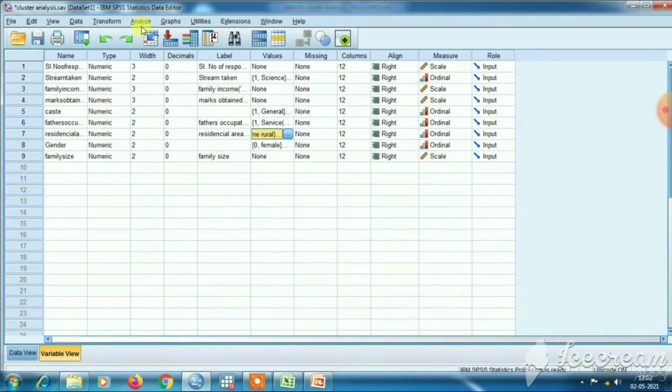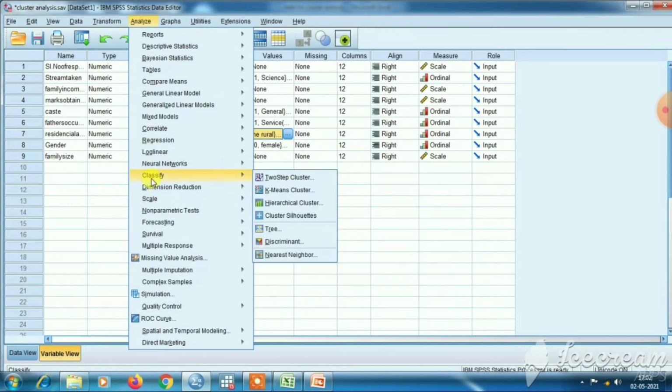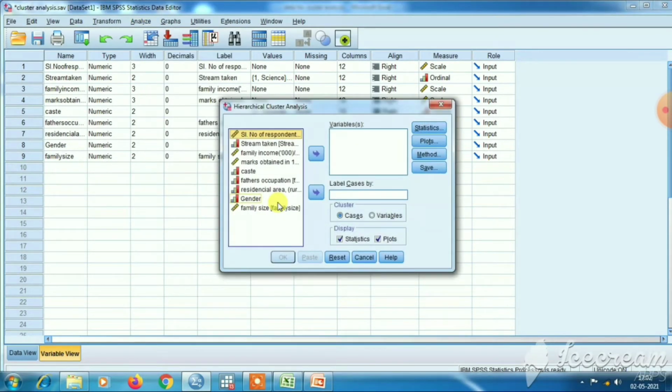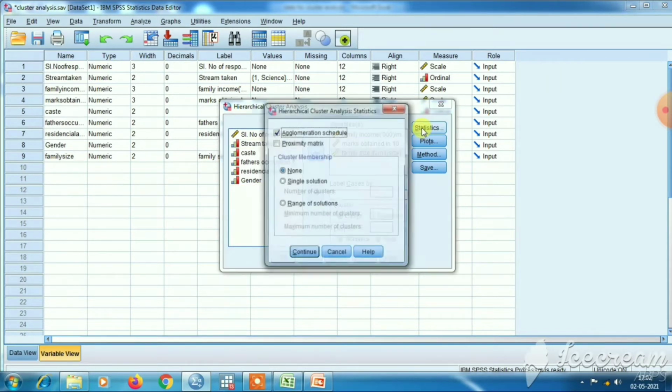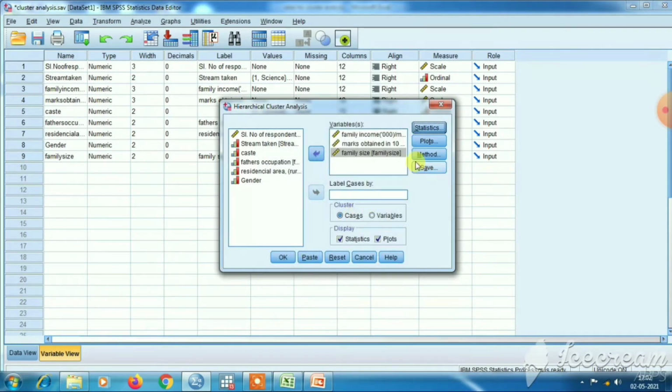Now what we have to do is go to Analyze, then Classify, then Hierarchical Cluster Analysis. Since hierarchical cluster analysis is done on the basis of scale variables, we are taking scale variables only: family income, marks obtained in the last exam, family size, etc. In Statistics, the agglomeration schedule is given; we have nothing to change here.